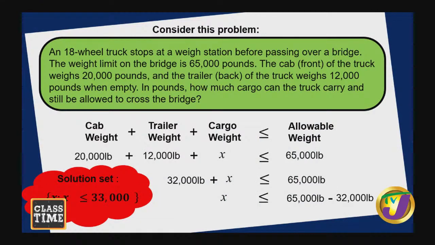Therefore, what does this mean for us? The solution set is the set of X such that X is less than or equal to 33,000 pounds. Awesome. So anything less would suffice.